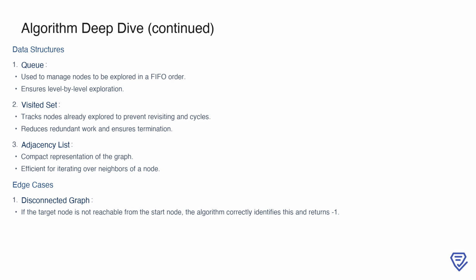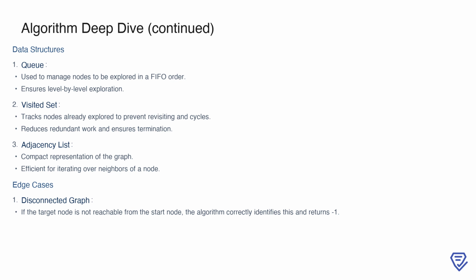First, the queue is used to manage nodes in a FIFO order, ensuring that nodes are processed level by level. Second, the visited set keeps track of nodes already explored, preventing cycles and redundant work while ensuring the algorithm terminates correctly. Finally, the adjacency list provides a compact and efficient way to represent the graph, enabling quick access to a node's neighbors.